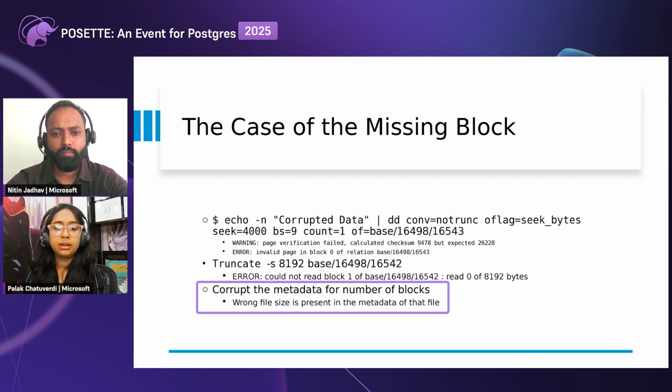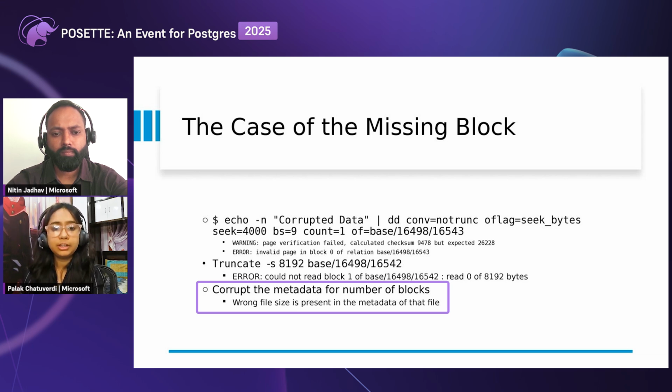Third method is, when Postgres starts reading our file, it gets the PG relation file size and then divides it with the block size. So we get the number of blocks, and the MD read function reads for those number of blocks.